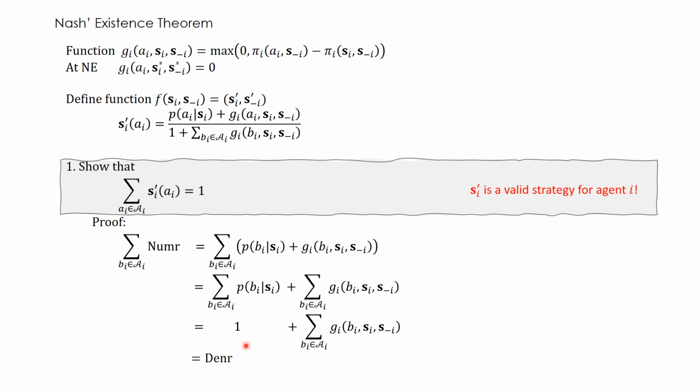And if you compare this with the denominator, they're the same. So the summation of the numerator equals the denominator, and therefore this shows that the summation of S prime I over all actions is equal to 1, so that S prime I is a valid strategy for agent I.